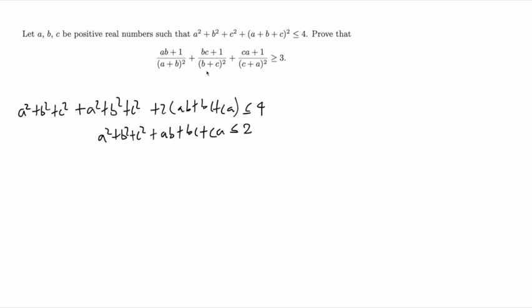Now, one thing that we should notice from here is that the left hand side of this inequality right here is cyclic. That means we can write it like this, so we should prove that this thing is true.